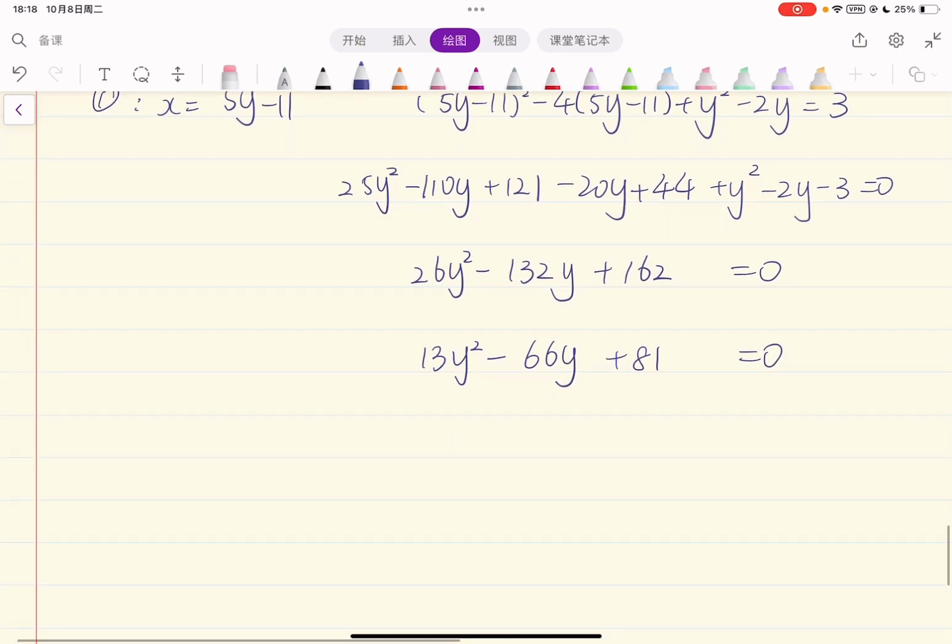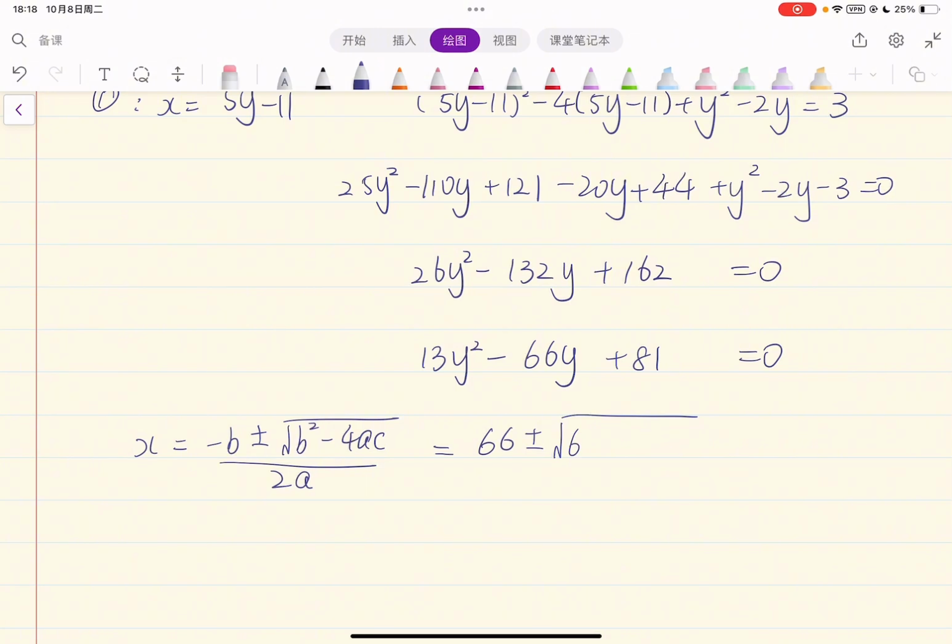And then we can use x equals minus b plus minus square root of b squared minus 4ac over 2a to solve that. We have 66 plus minus square root of 66 squared minus 4 times 13 times 81 over 2 times 13.